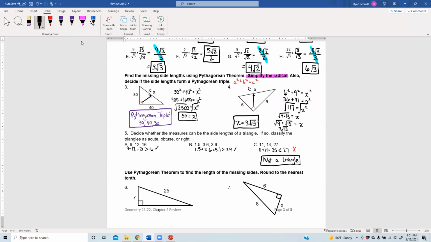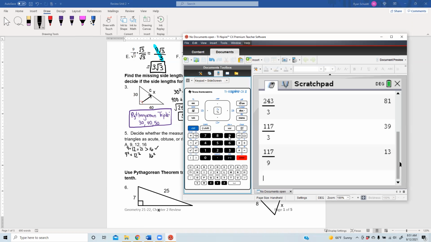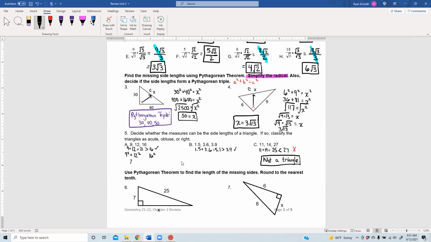But what about A and B? We have to figure out whether it's acute, obtuse, or right. So now I need to do 9 squared plus 12 squared and see how that compares to 16 squared. 9 squared plus 12 squared is going to be 225. 16 squared, I know, is 256.